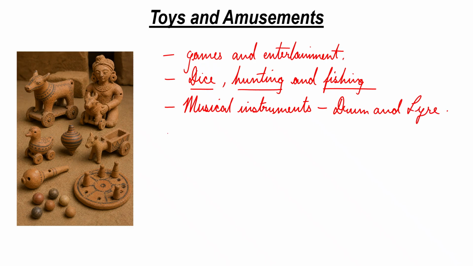Things which looked like drum and lyre have been found. Then there were toys also, toys which were like birds, animals, figurines, all these things, whatever you have read in the earlier slides.